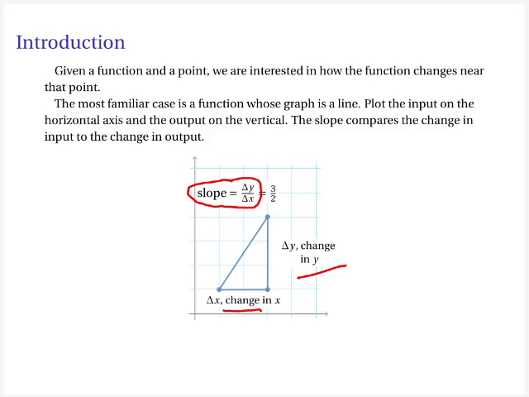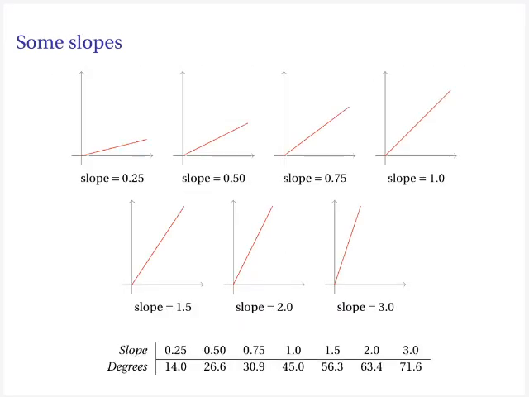So we want to develop on that idea. I wrote down a number of slopes here just to give a person some idea. The slopes go all the way, you can see, from 1/4 to 3. And the major lesson that I want a person to walk away from here is that even a slope as little as 1/4 is still 14 degrees. It would be tough to walk up that slope.